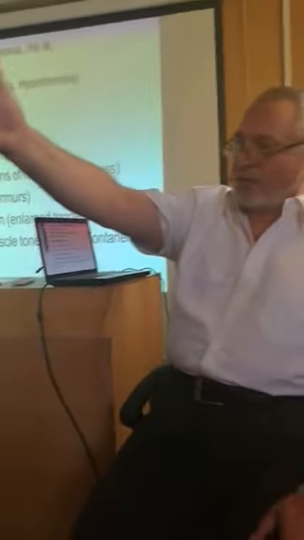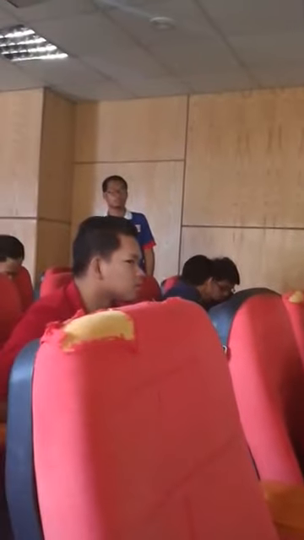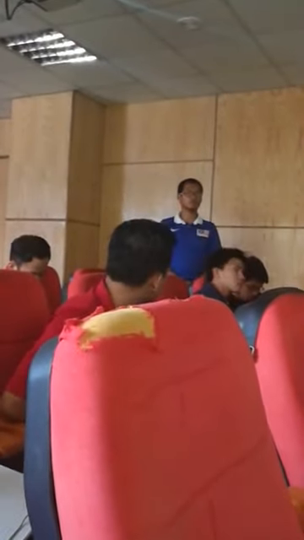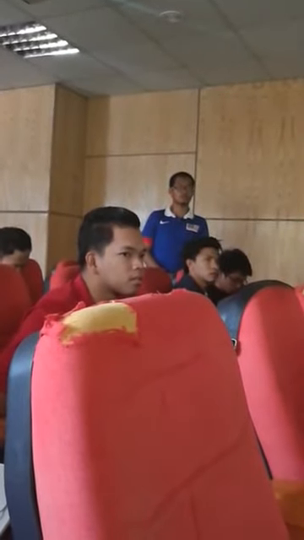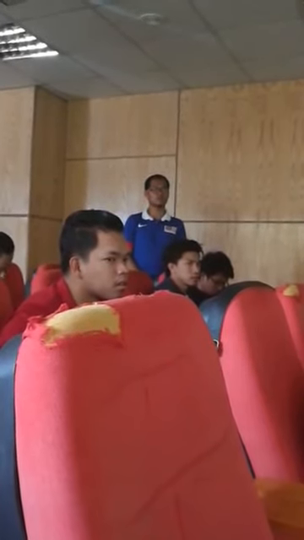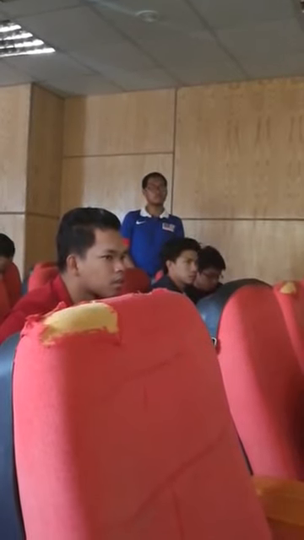Okay, so please, stand. Can you tell me what are the signs of respiratory distress in newborns? Number one, respiratory rate, fast breathing, tachypnea. If you count the respiratory rate, it will be 60 and above.